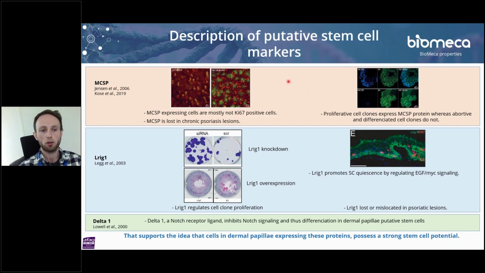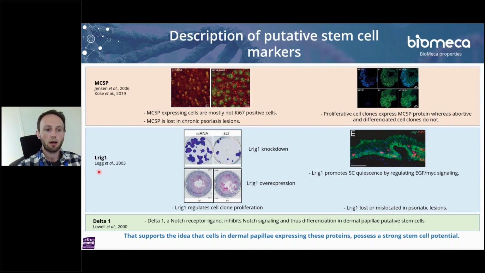After cell extraction of basal cells and in vitro culture, it has been shown that cell clones that express both the MCSP protein and beta-1 integrin have a higher capacity of proliferation in time compared to cell clones that do not express MCSP protein, but only the beta-1 integrin, that form abortive and differentiated cell clones.